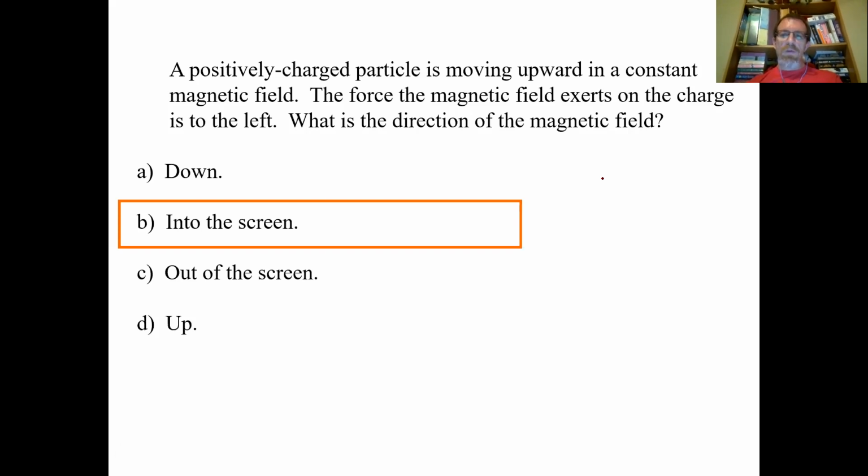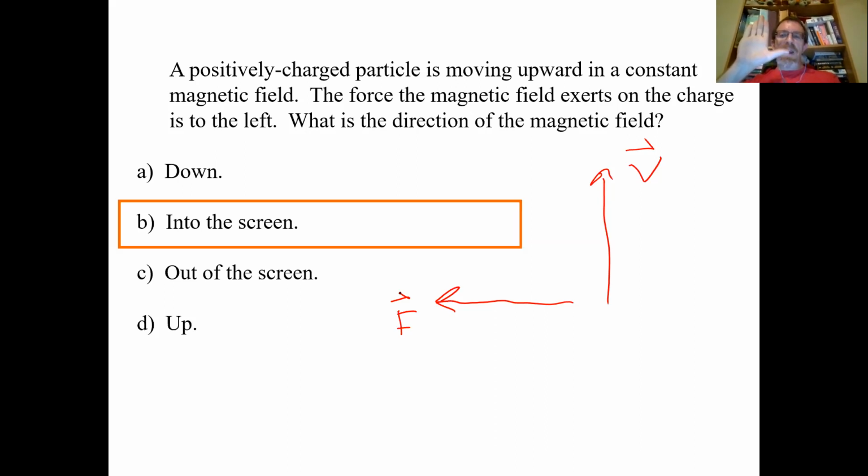Let's see if we can figure this one out. Our positively charged particle is moving upwards, and it says the force is to the left. All right. So I think about that force being to the left, and the velocity is upwards. If I'm a student watching this on YouTube, then hopefully my hand is facing away from me.